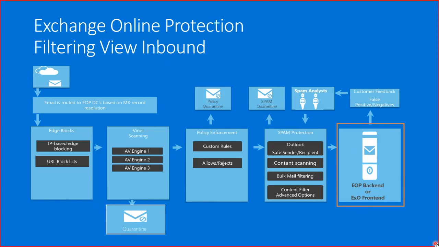If it doesn't clear this phase, the message will be delivered to the user's junk mail, and users have the option to report it as a false positive. In some cases, it can be a false negative as well, which our spam analysts will review and make adjustments to the rules with which the message was evaluated.